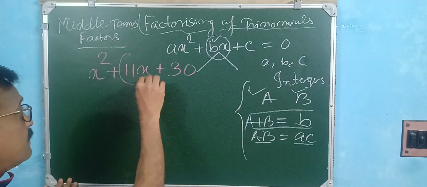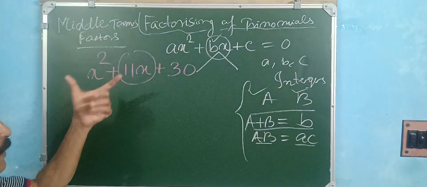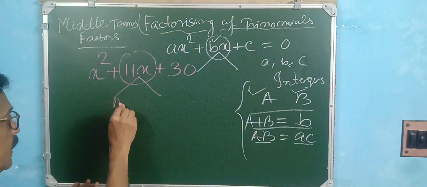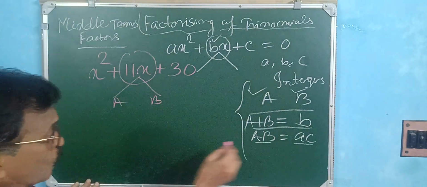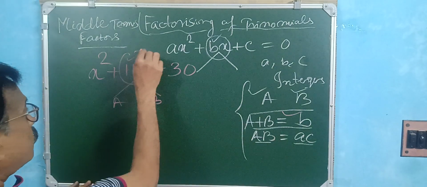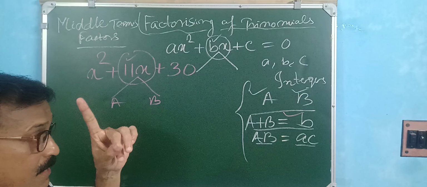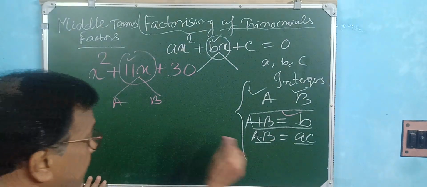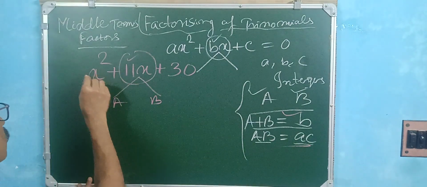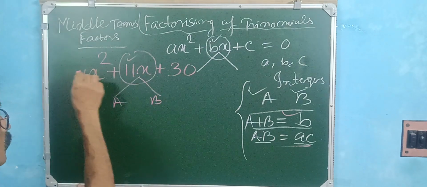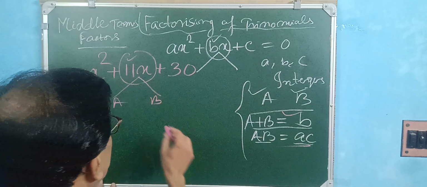This is called the middle term. You break this in this way. Suppose this is a, this is b. So a plus b is equal to 11. The sign is very important, plus 11. And a into b is equal to 1 into 30, and the signs are plus, plus, so plus 30.